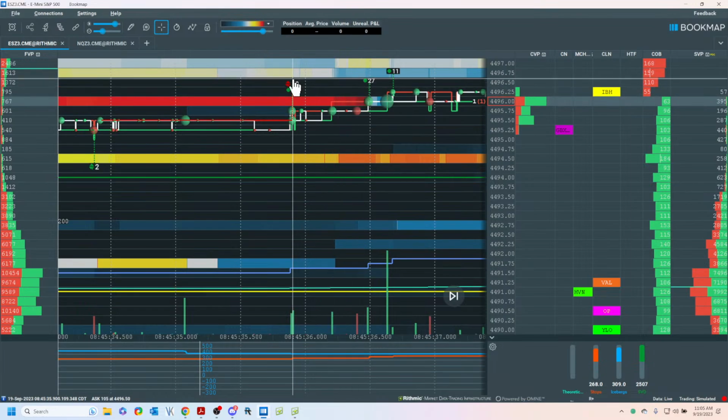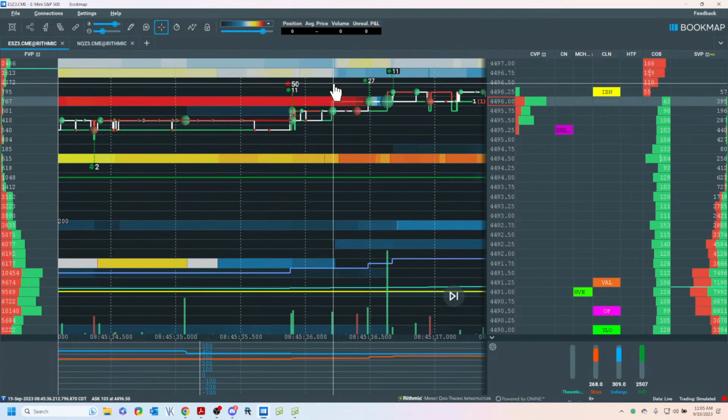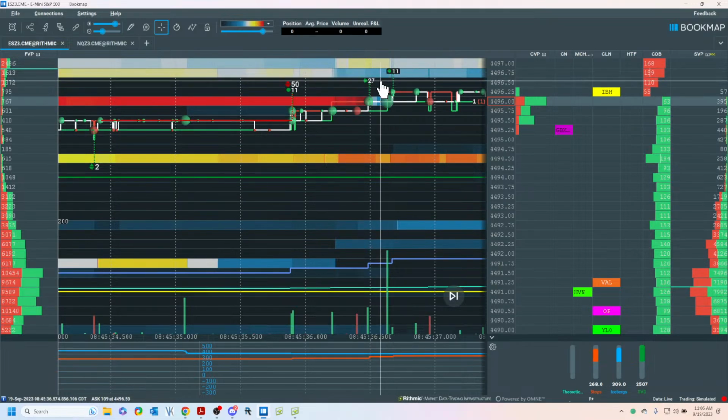That's our iceberg, and this is aggregated just so it doesn't cover everything up with little icebergs. 27 buy stops, so they're taking the other side. 11 buy stops go off. What is that? I call it stop divergence. Now, it's an indication to me of potential exhaustion, not of exhaustion, of potential exhaustion.